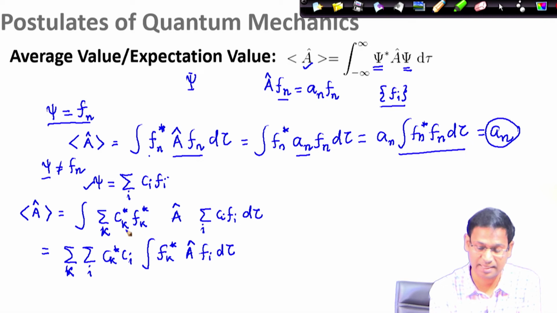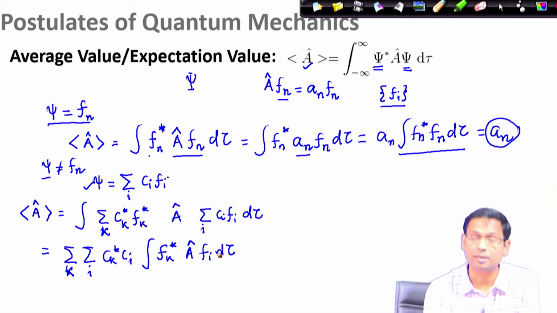So, I brought C k star and C I outside. I kept f k star, which is an eigenfunction of operator A, and f I, which also is an eigenfunction of operator A, inside this integration, because these are the functions that the operator can act on and they will have dependence on this variable. So, I have to keep them within the integration, and since C k and C I are mere coefficients, I can bring them out of the integration because they are anyway going to be constants.